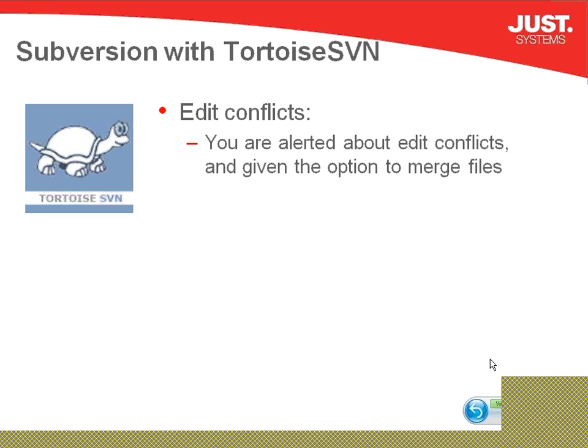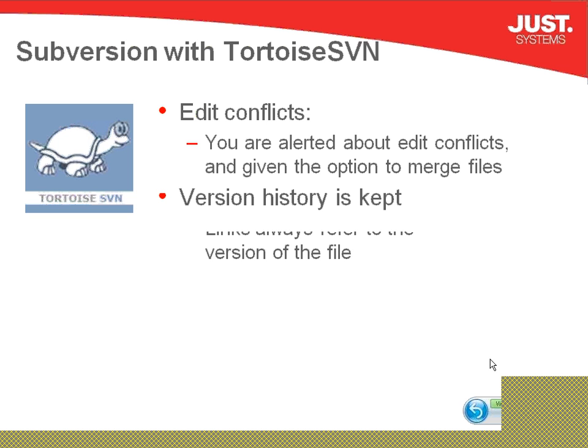So the way that it works is that when you copy files back to Subversion, you're alerted if someone else has made changes to that file, and you're given the option to merge files. Okay, and merging is tricky in some ways, but for XML files it should work better than for many other types of files because XML files are just text. Version history is kept.